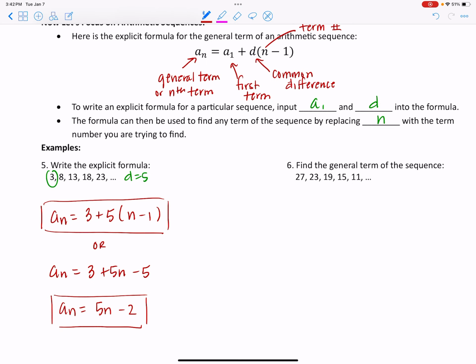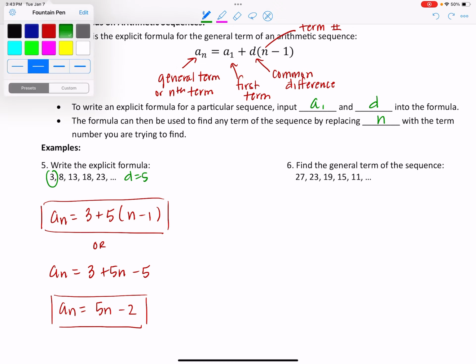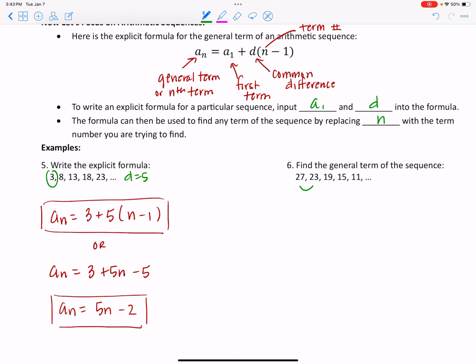Same thing then for number 6. Directions are different, but it says find the general term, which means write the explicit formula for that nth term or general term. So again, we're going to say a sub n is... Well, let's make sure it's arithmetic. Looks like I'm subtracting 4 here, subtracting 4 again, and that pattern continues.